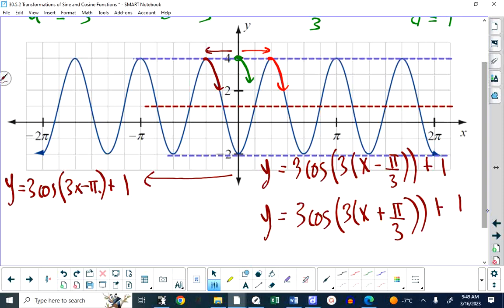Right? And that, on a multiple choice, can be a real fooler for you. Because you might make the mistake of looking here and saying, oh, that's a phase shift of pi, and that's wrong. But what's happened is I have multiplied that 3 back in, just to clean it up a bit.